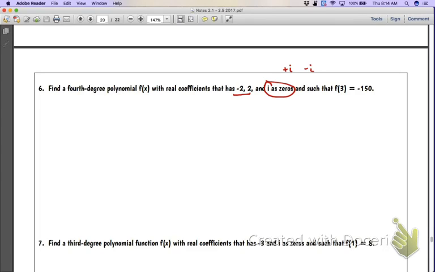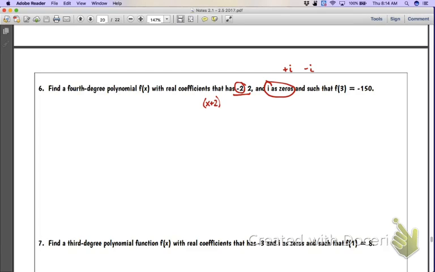Okay? So if I'm writing these all as linear values, it's basically like I'm going to take it from the step right before it. So if I have a negative 2, then that means I'm going to have x plus 2. So if I have a solution of negative 2, then I'm going to have a linear expression of the opposite sign.